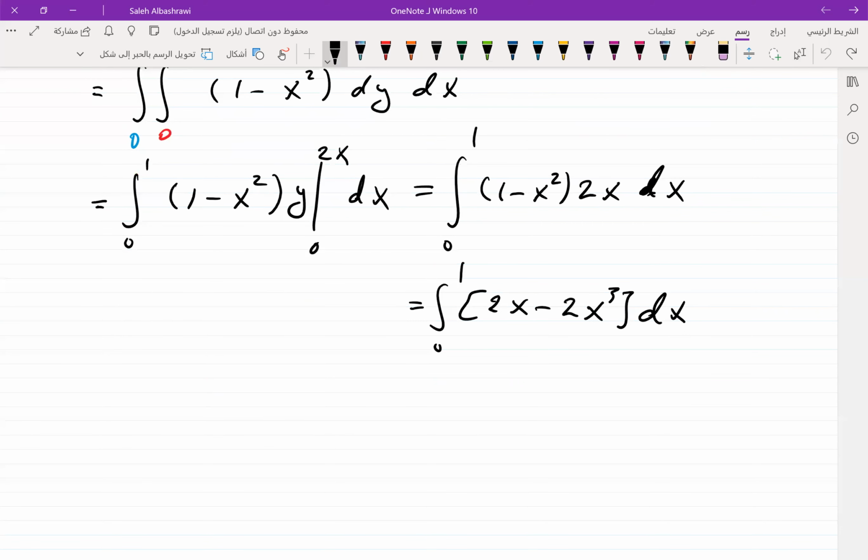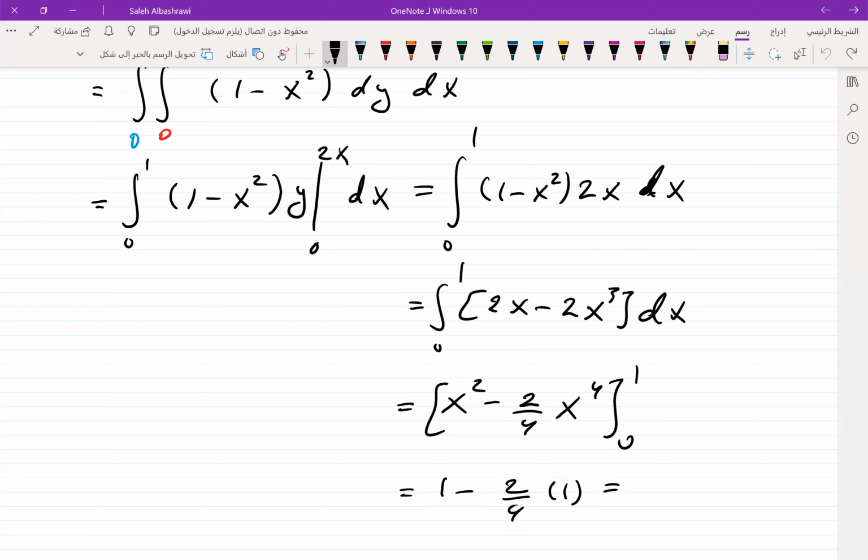Integrate this with respect to x, I will have x squared minus 2 over 4 x to the power 4 from 0 to 1. And the value for this one will give me 1 minus 2 over 4 multiplied by 1. That will be 1/2.